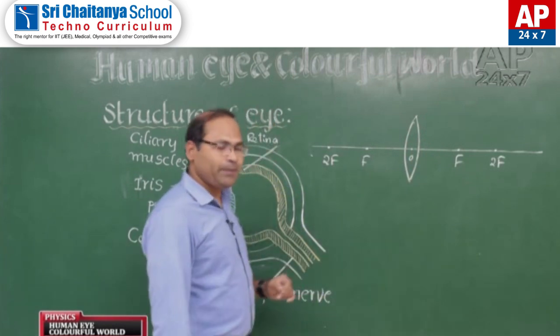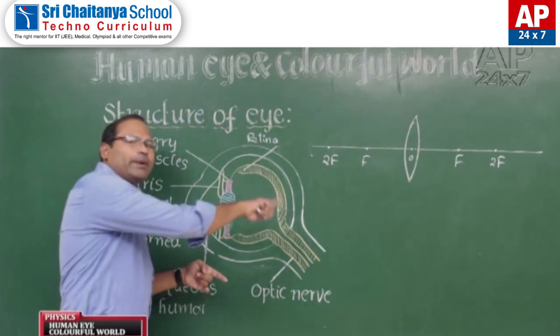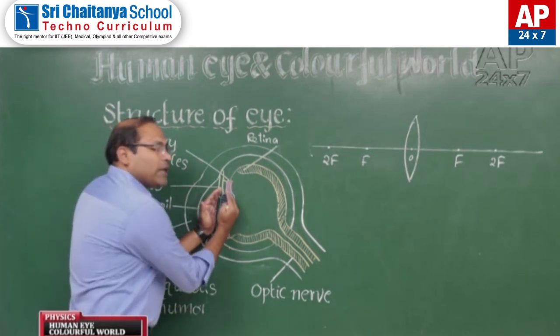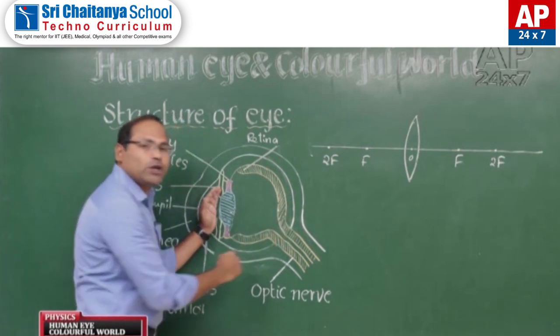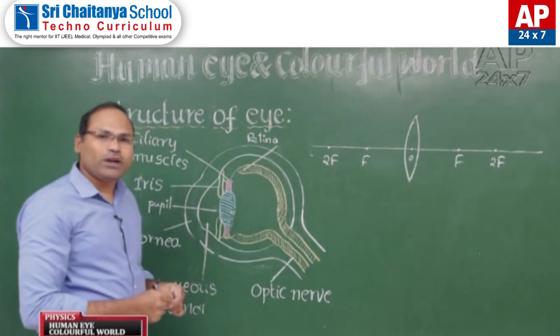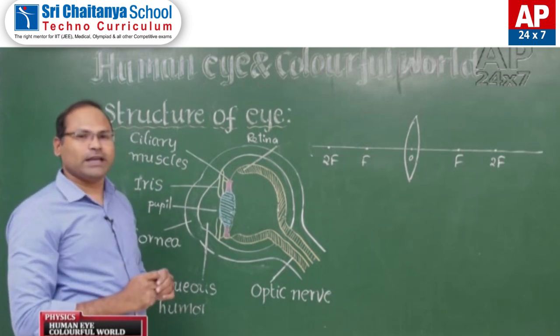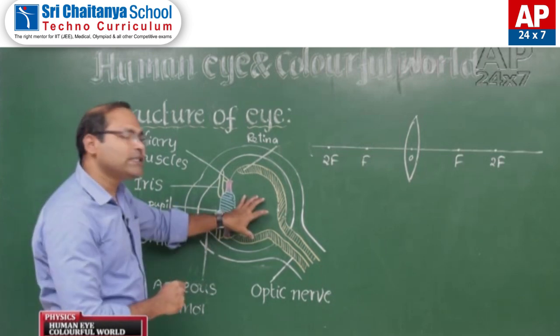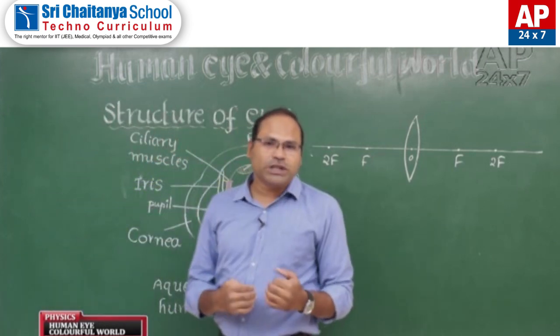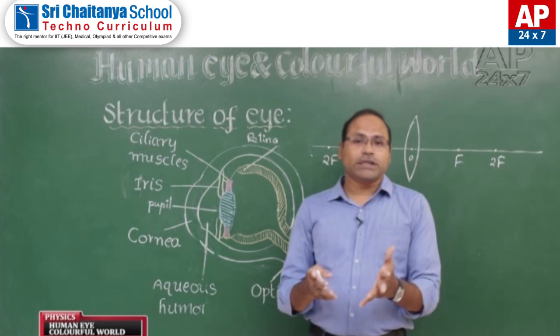But here see the beauty: the eyeball shape is not at all going to change. That means the distance between the eye lens and the retina is also not going to change. This distance we learned already, what? Image distance. Here the image distance is not going to change, but what about the object distance? Object distance is varying.